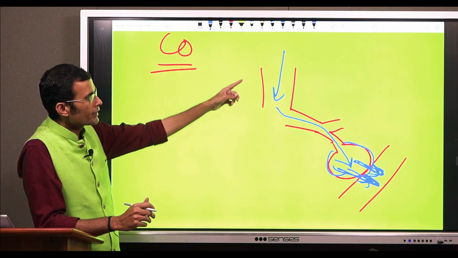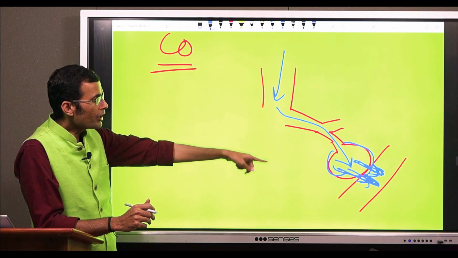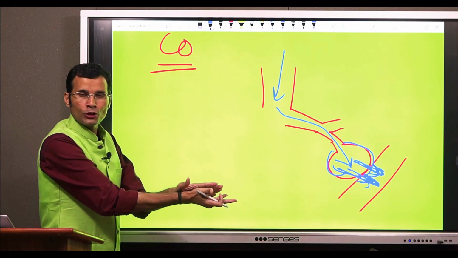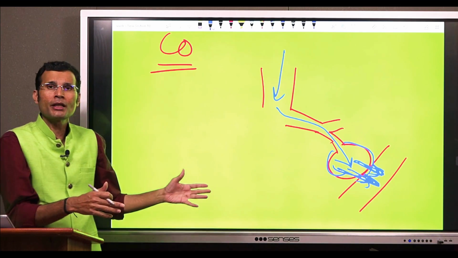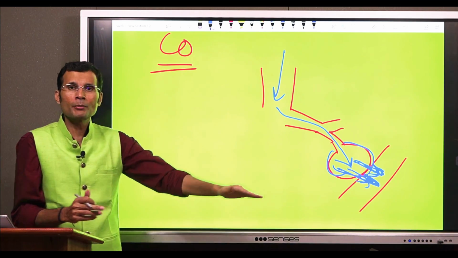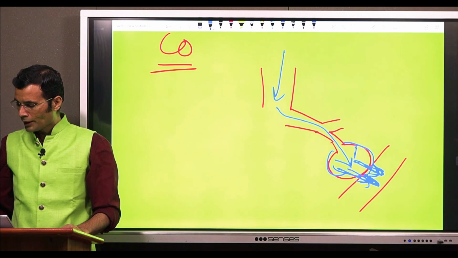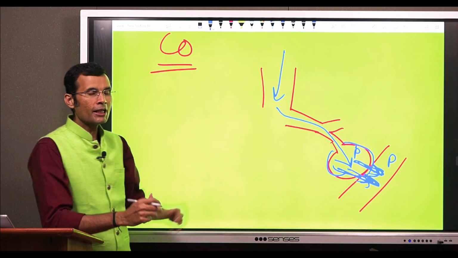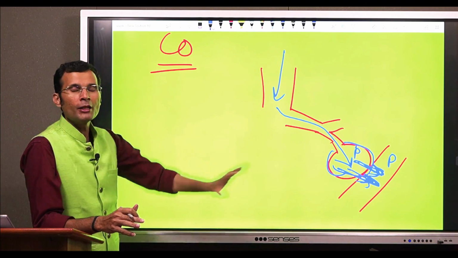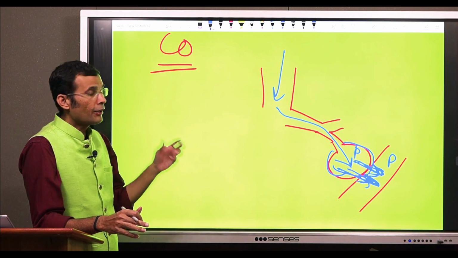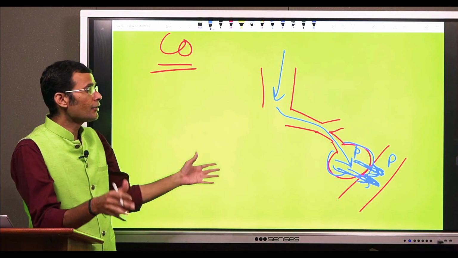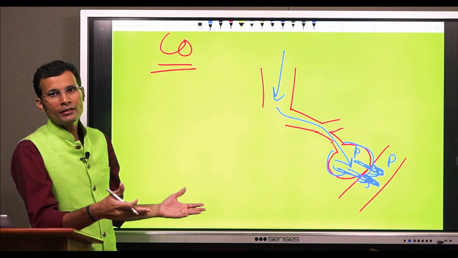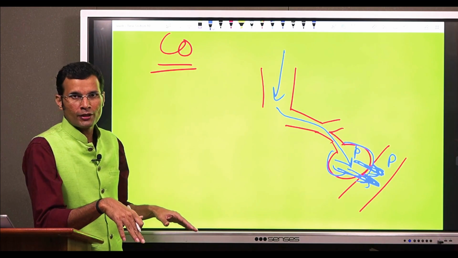If it instantly diffused through the membrane and reached equilibrium, means its partial pressure in the alveolus and in the pulmonary blood becomes equal, it equilibrates. If the gas very rapidly reaches equilibrium, then that gas is useless for us.